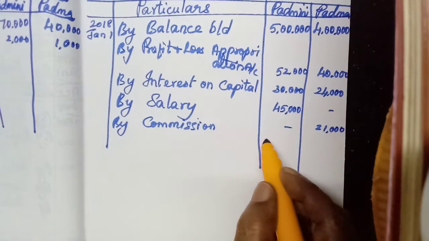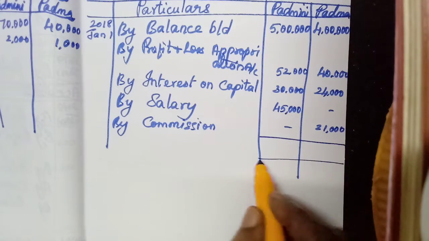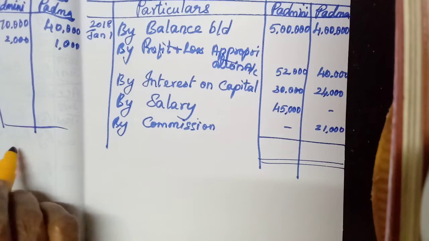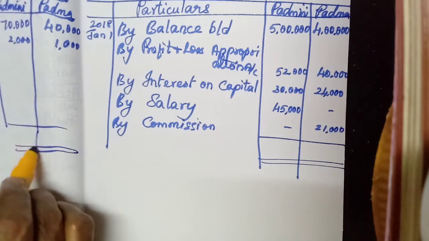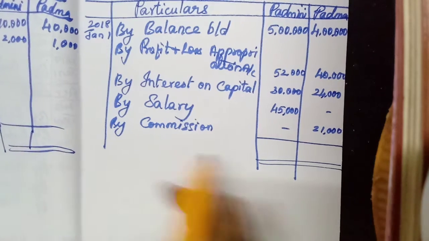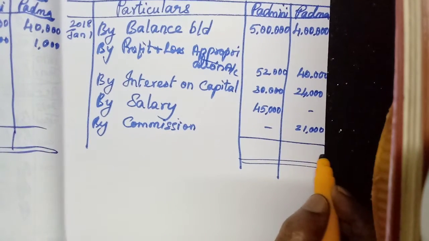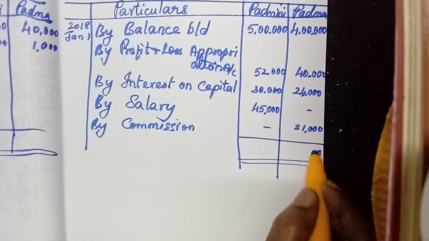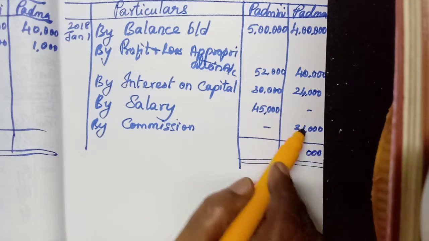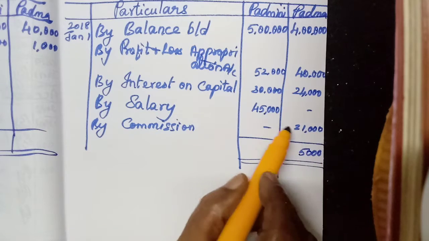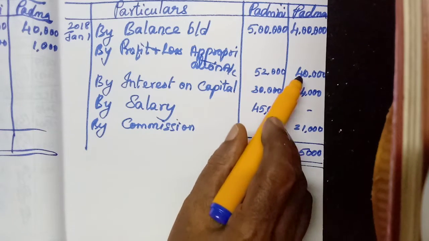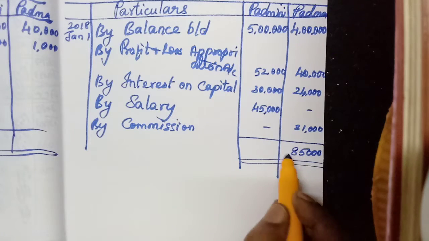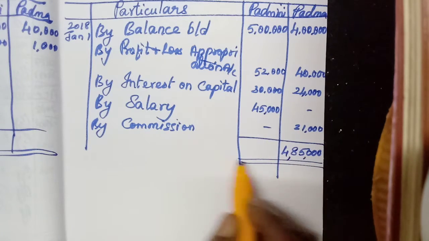So this credit side will be more, so we will close it. Okay, on the debit side only we will get the balance. Here add and write. Okay, 0, 0, 3 0, then the fourth digit 5, the fifth digit 2, 4, 8, then the sixth one 4. 4,85,000.